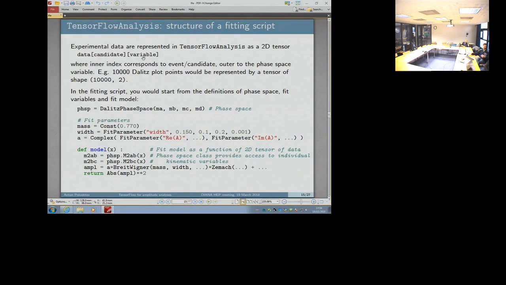For the four-body case, it's 5, right? So in your fitting script, you start from the definition of the phase space, which, for instance, is the Dalitz plot phase space, a function of masses of the initial and final state particles. Then you describe your fit parameters. This fit parameter is again, as I said, the class which extends the TensorFlow variable.